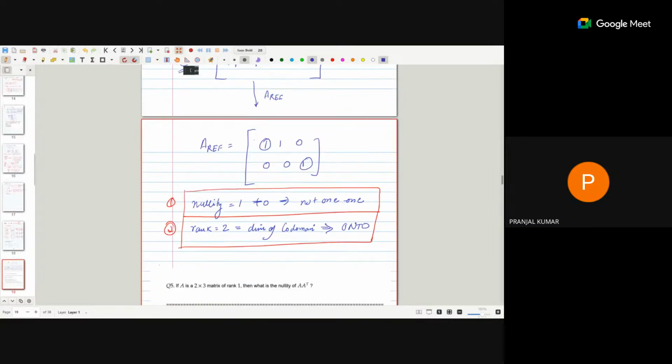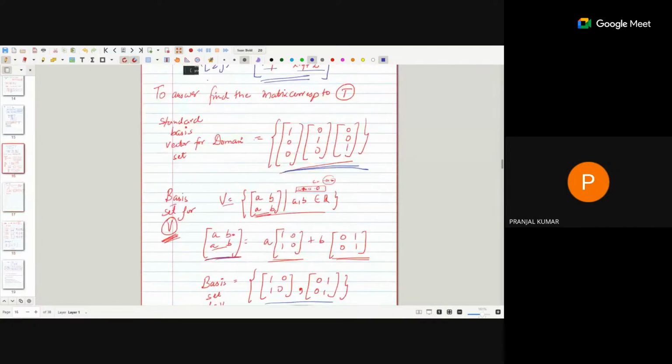Now you can tell everything. You can see how many pivots are present. Only 2 pivots are present. This column is missing a pivot. So nullity is 1 because one of the columns is missing a pivot. So this is not 1 1, right? Yes or no? Yes. Now what is the rank? Rank is 2.